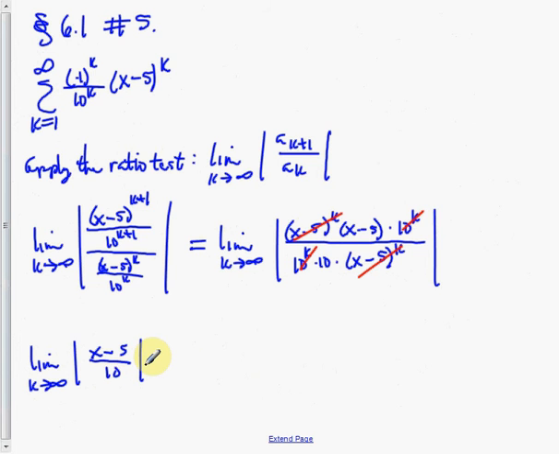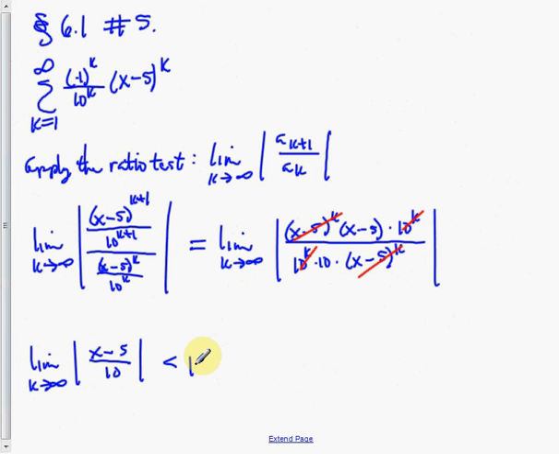Now here's where we manipulate the ratio test. The ratio test said for convergence, you want the limit of the ratio to be less than 1. That's the ratio test, right? So I manipulate that, and I say I want this limit to be less than 1.